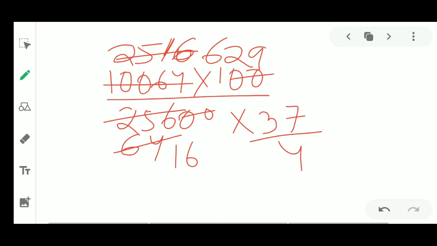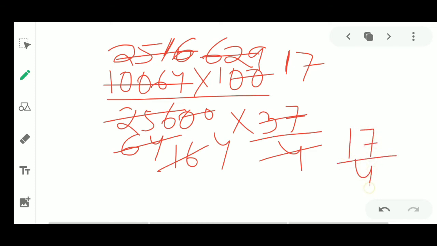Then 16 by 4, it is 4, and 629 divided by 37 is 17. Okay, so that would be 17 by 4.